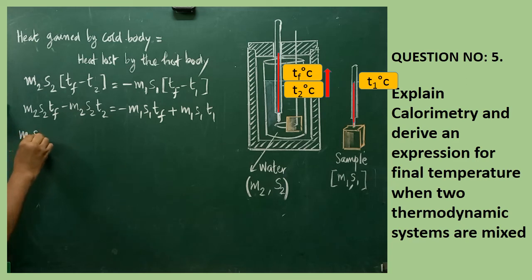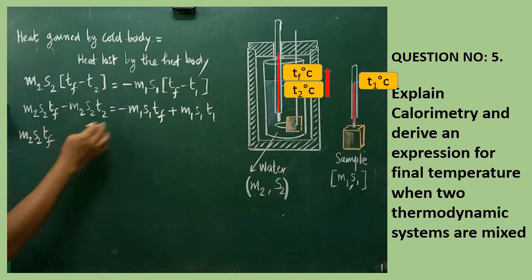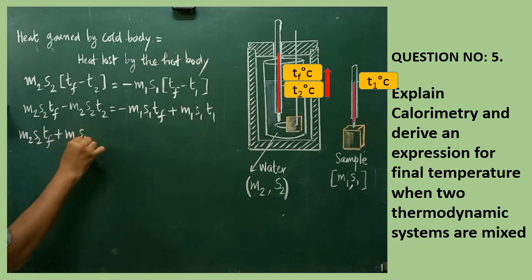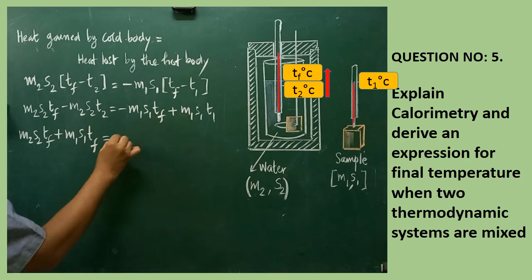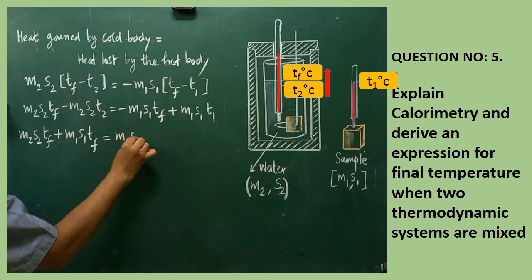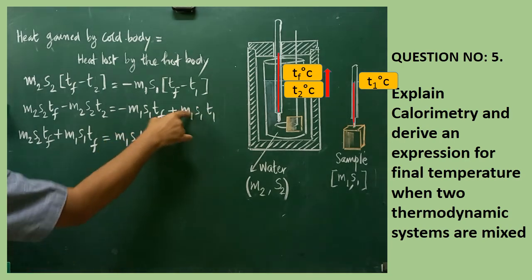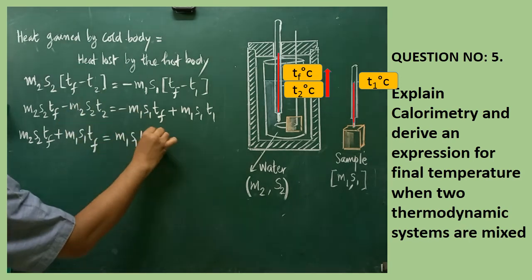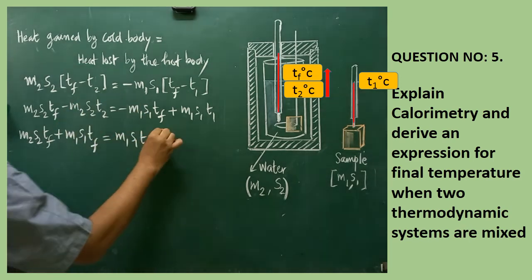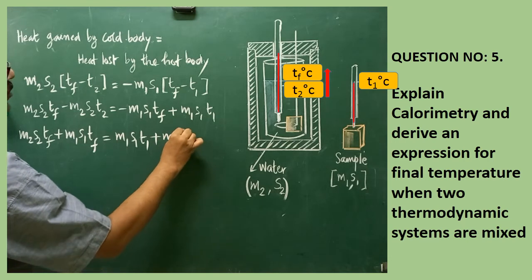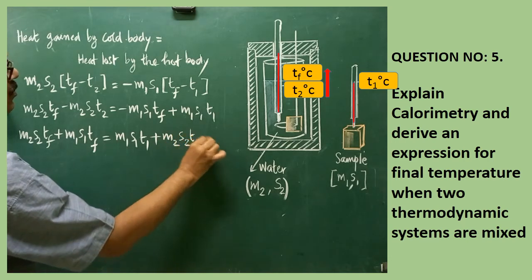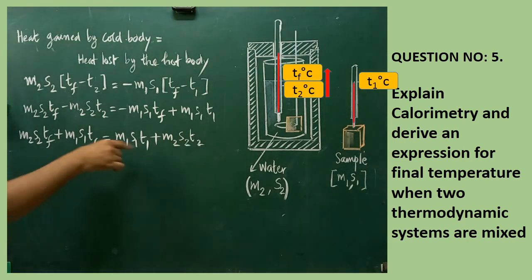Already m2 s2 Tf is here. Bring the factor here, that becomes m1 s1 Tf. And here m1 s1 T1 is already there. Bring this factor to the other side, that becomes plus m2 s2 T2.